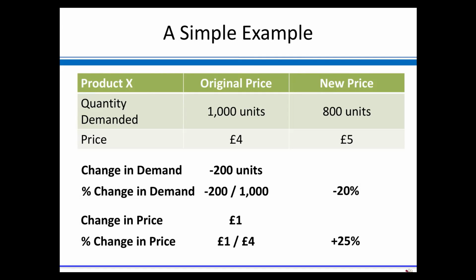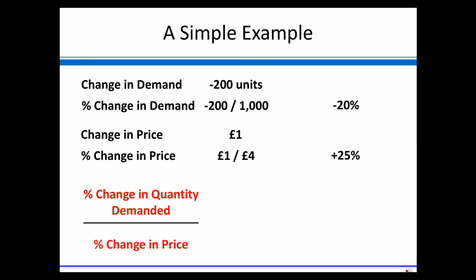So we have the data that we can use to calculate PED. A fall in demand of 20% as a result of an increase in price of 25%. So let's work the numbers. There they are on the screen. A fall in demand of 20, an increase in price of 25. We know that PED is calculated as the percentage change in quantity demanded divided by the percentage change in price.